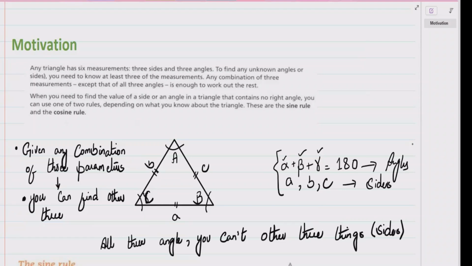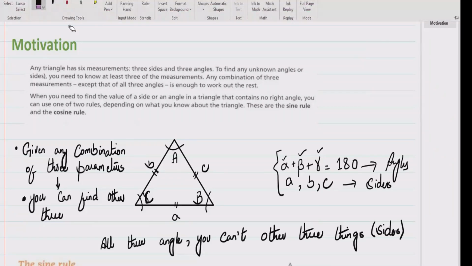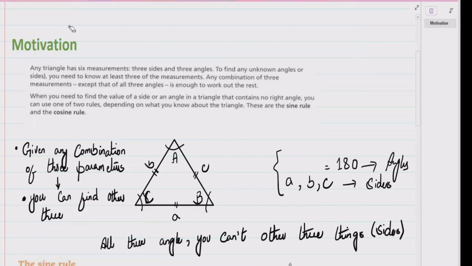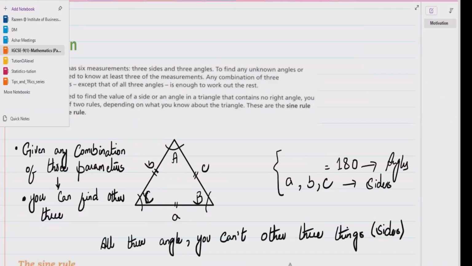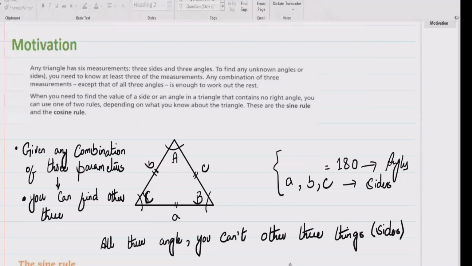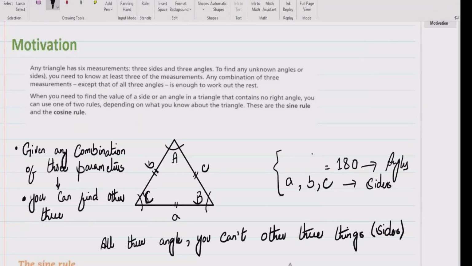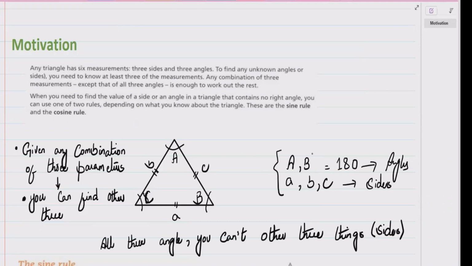In our new notation, capital A, capital B, capital C are the angles.